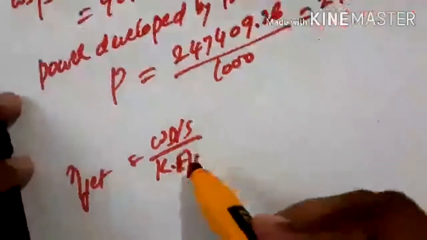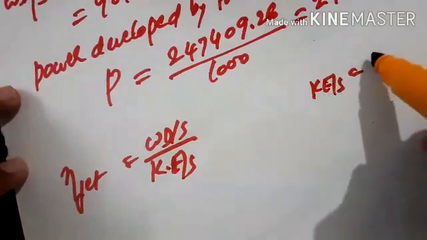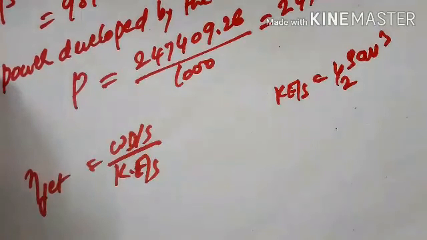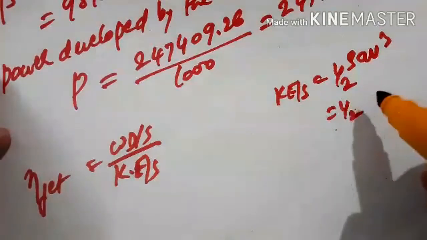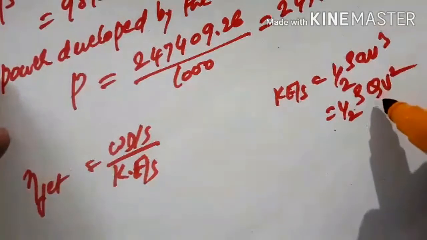Then the efficiency of the jet can be written as work done per second divided by kinetic energy per second. We already calculated work done per second, so we only need to calculate kinetic energy per second, that is half rho a v cube, or you can write half rho Q v square, because Q equals a into v.